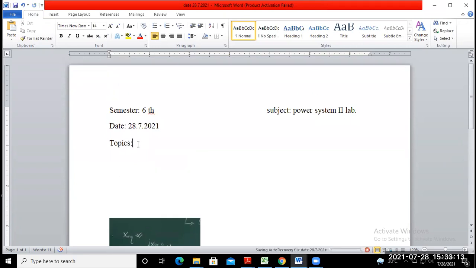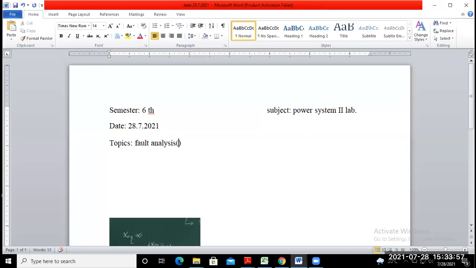So today we are going to discuss symmetrical fault analysis, in which we are more concentrated on unsymmetrical type fault analysis.